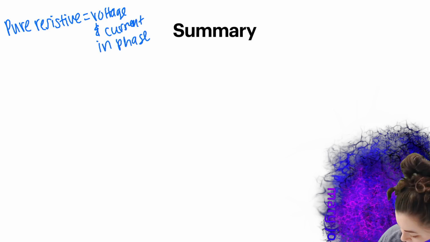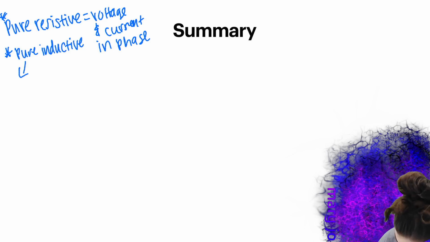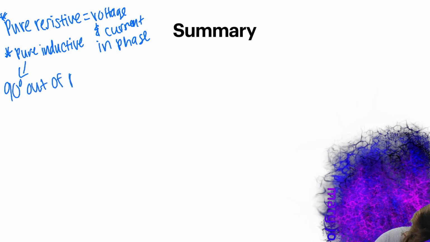Okay. So, in a pure inductive circuit, the voltage and current are 90 degrees out of phase with each other. So, 90 degrees out of phase.